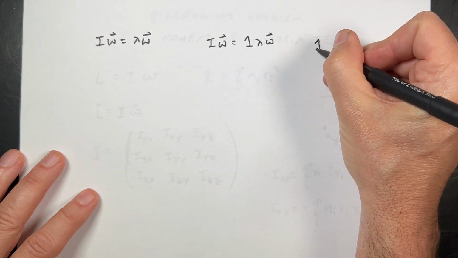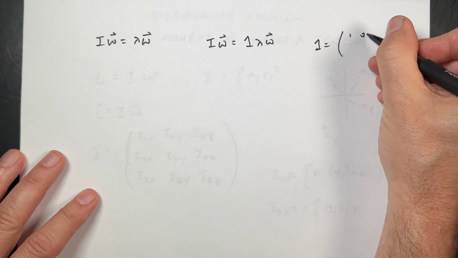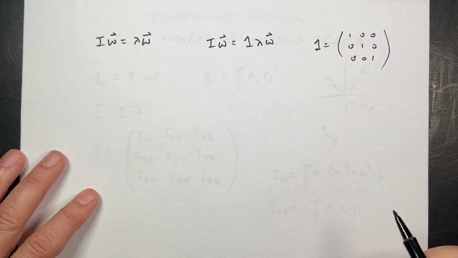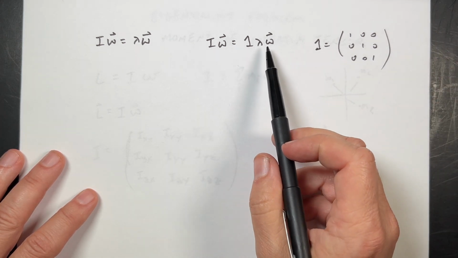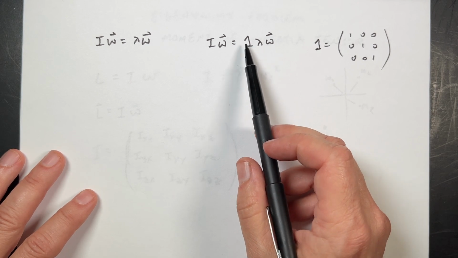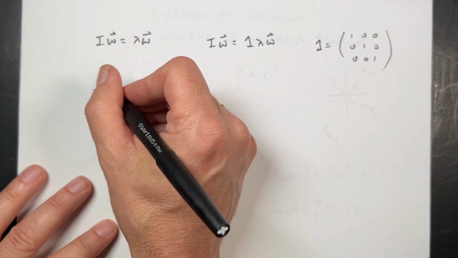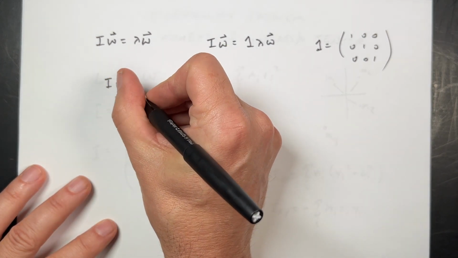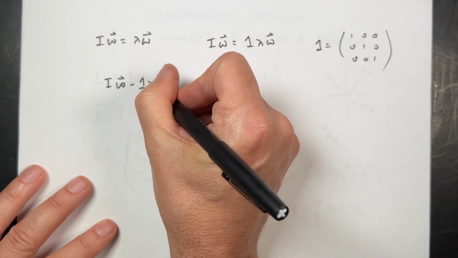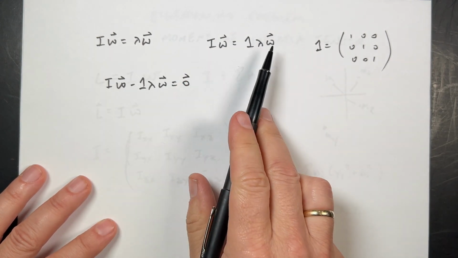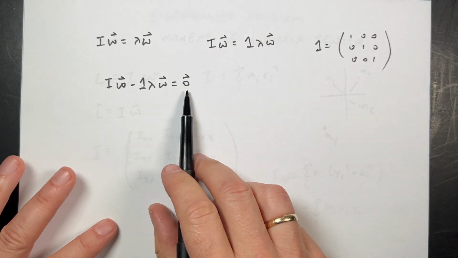And just a reminder, the identity matrix is 1, 0, 0, 0, 1, 0, 0, 0, 1. Because you can multiply that, operate that on this vector, and it doesn't do anything. It gives the same thing back. And so that's fine. You can do this. Now I can subtract this from both sides, and I get I omega minus 1 lambda omega equals 0. And that's a vector, right? It's still equal to a vector. This is a 3 by 1 vector.